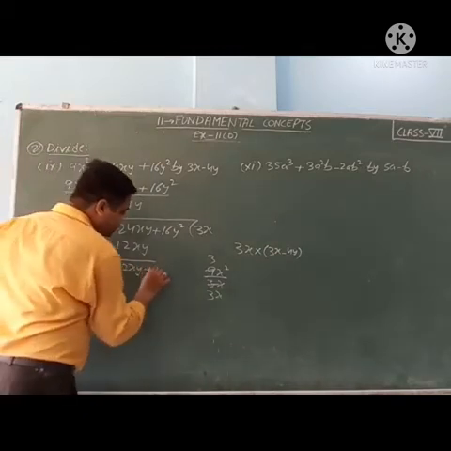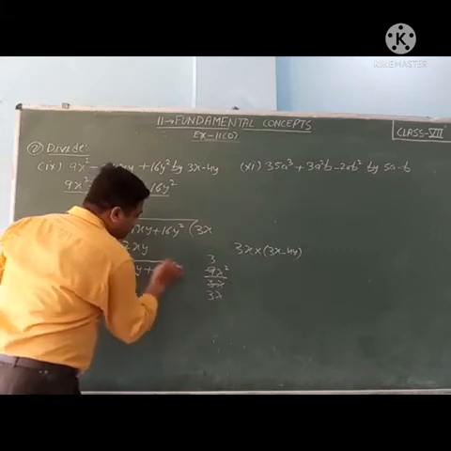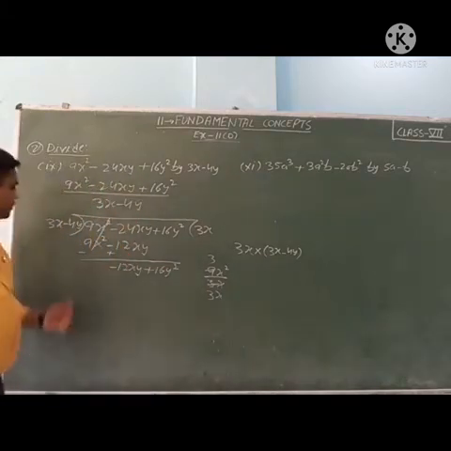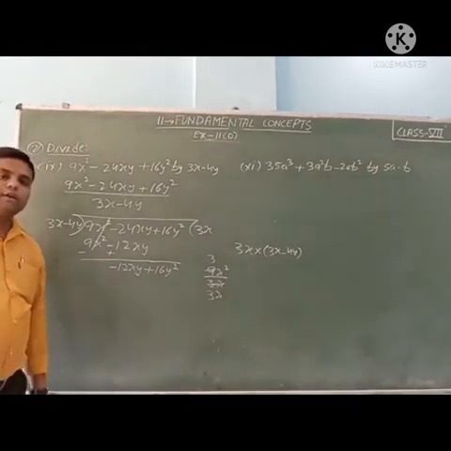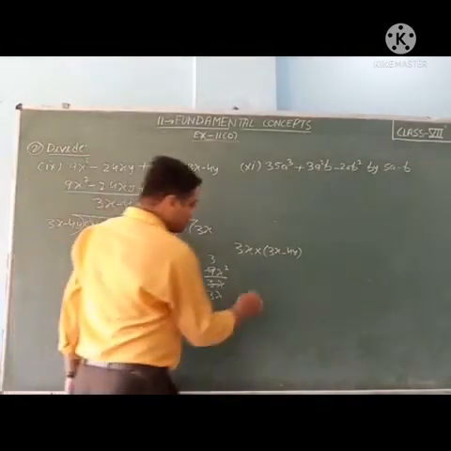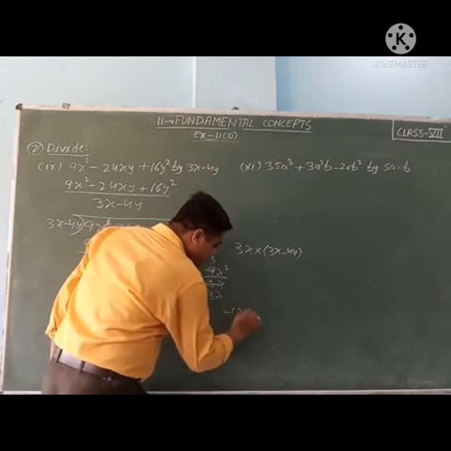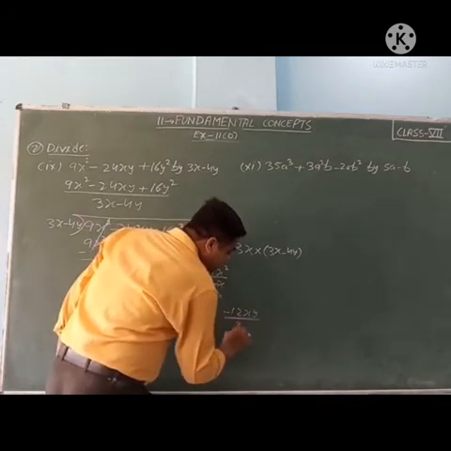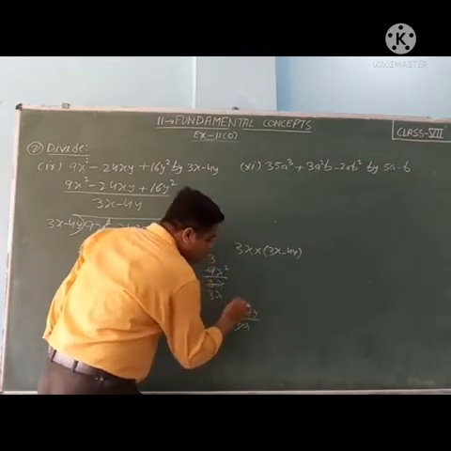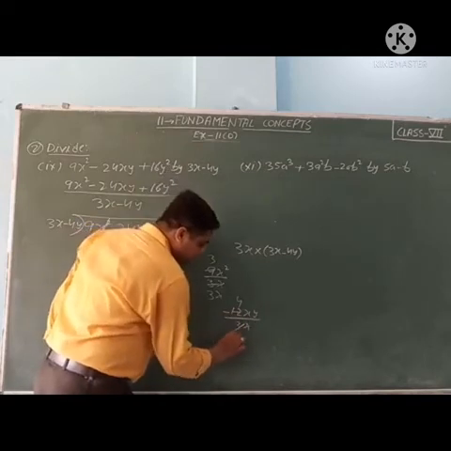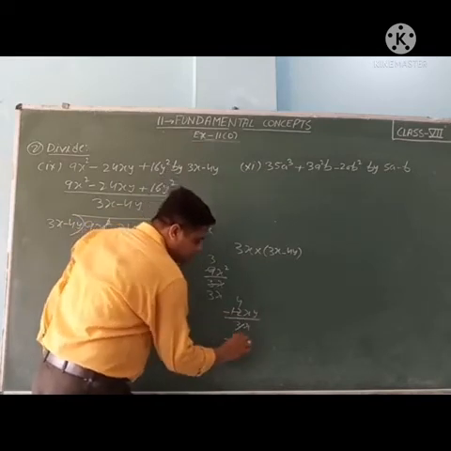Then we will take 16y square. Now by which number or term we will multiply 3x, that will become minus 12xy. So see, minus 12xy upon 3x. So 3 times 4 is 12, minus plus minus, 4 x, 2x cancel, then y.